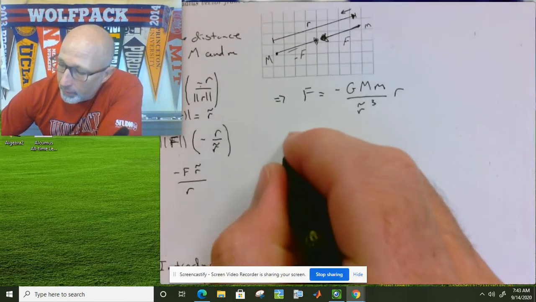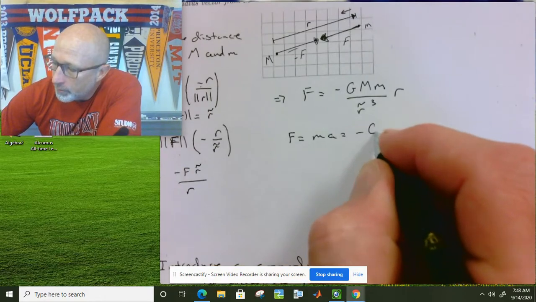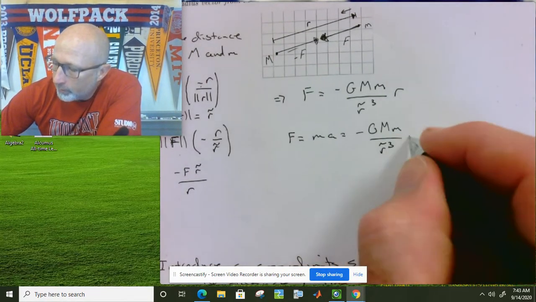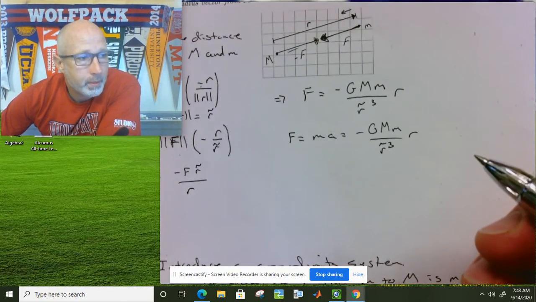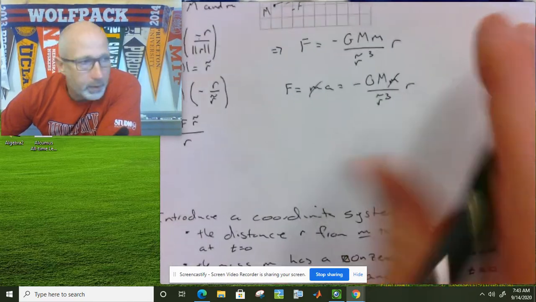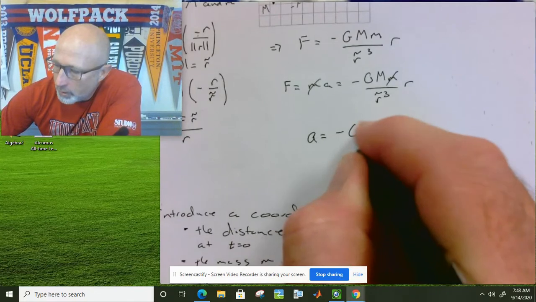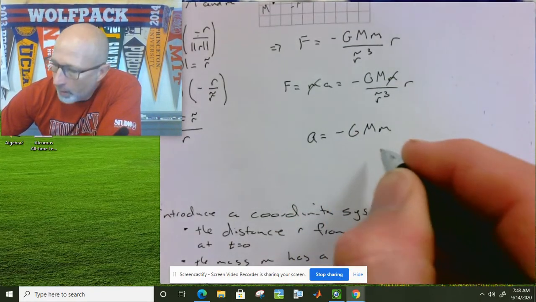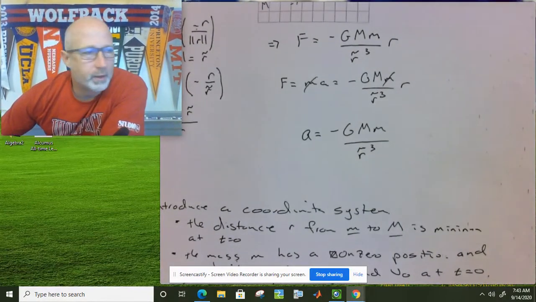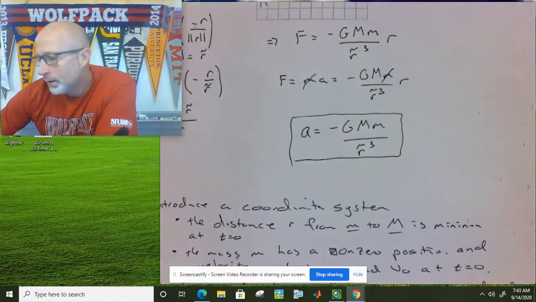So F, which is equal to ma, is equal to negative G M m all over r tilde cubed times r. And I can get rid of one of those m's. So I end up having a is equal to negative G M all over r tilde cubed times r. I know this doesn't make any sense, and it doesn't seem like it's helping at all.